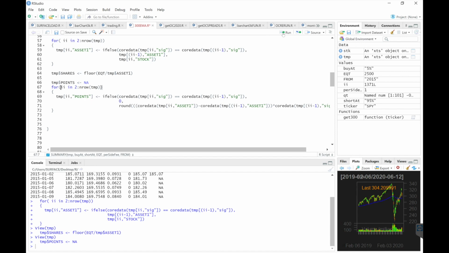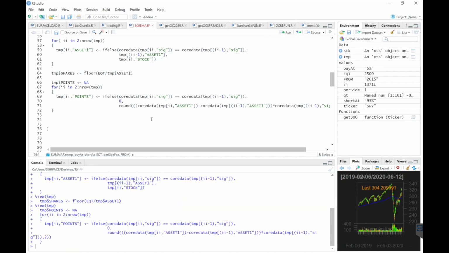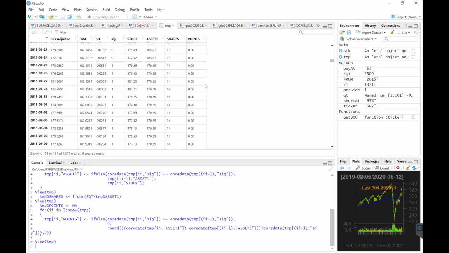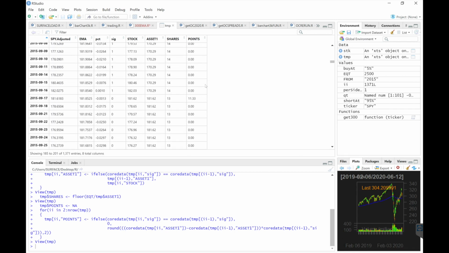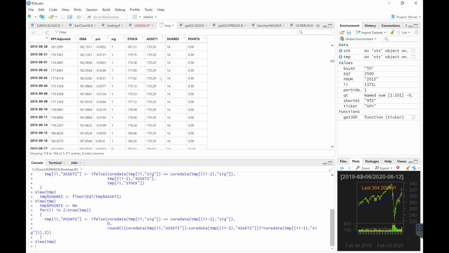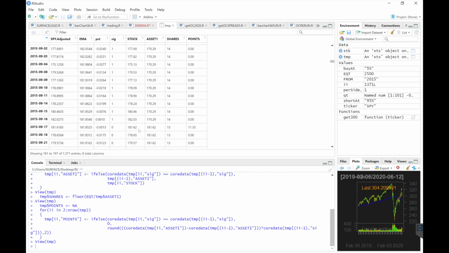Alright, so let's iterate through that. Take a look at our temp. Alright, so here we got a buy signal on this date, so we entered at 170.29, and then we closed it off on this date. So the difference between these two should equal 11.33.